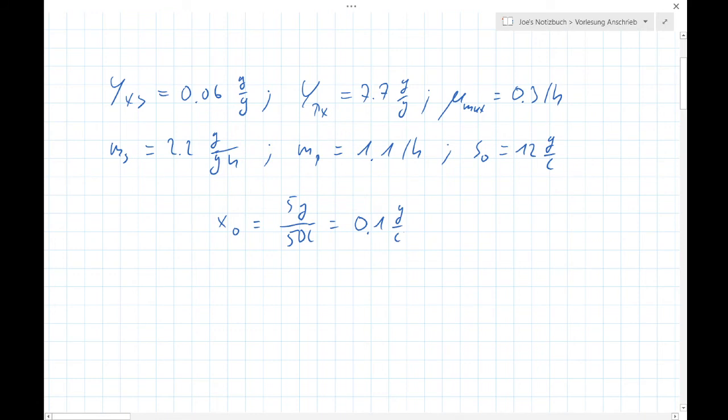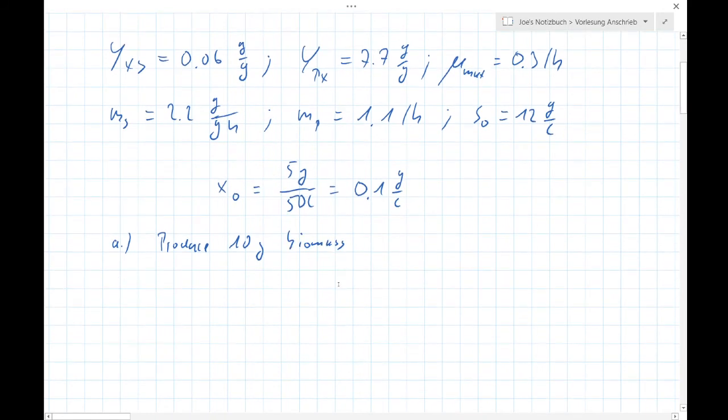Okay, so now we have simply transferred all the information onto this presentation, and now start with A. So we want to have as a production target 10 grams biomass. So in other words, X final is X produced plus X0, 10 grams in 50 liters plus 0.1 grams per liter, which is already given.